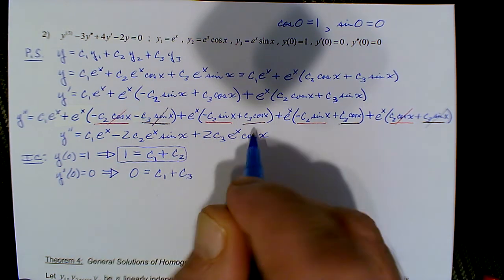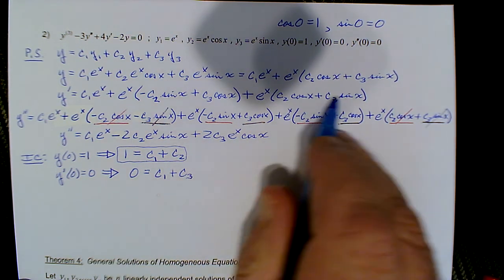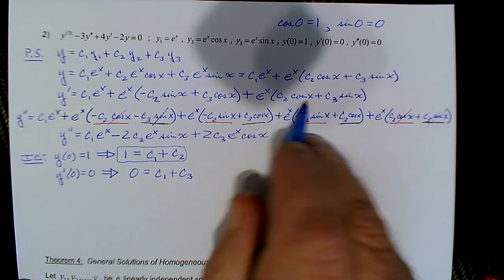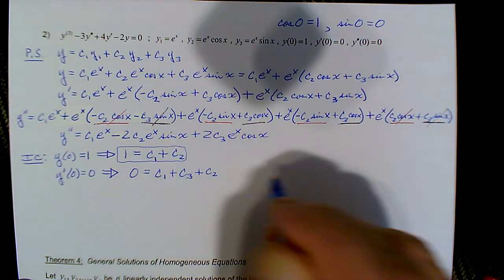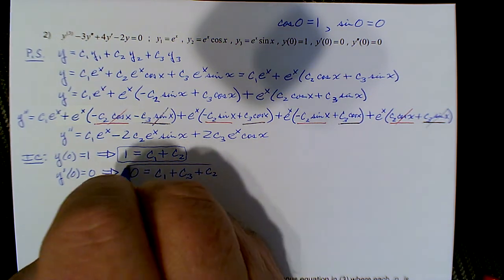And this sign goes to 0, so this C2 stays, because cosine of 0 is 1.